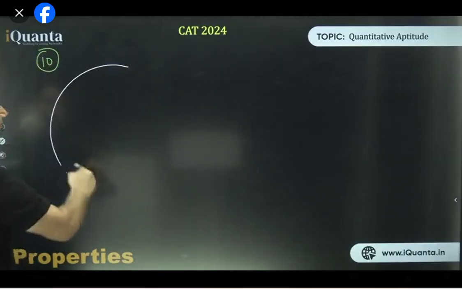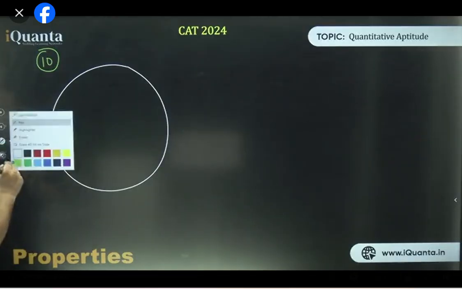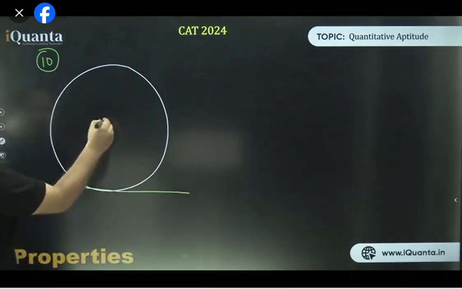Next, 10th point. So I have this circle. So many circles I've drawn in my life that now I draw a perfect circle every time. It's all about practice. Even I am shocked. Okay. So now I have a tangent. And this is the center of the circle. I drop it here.